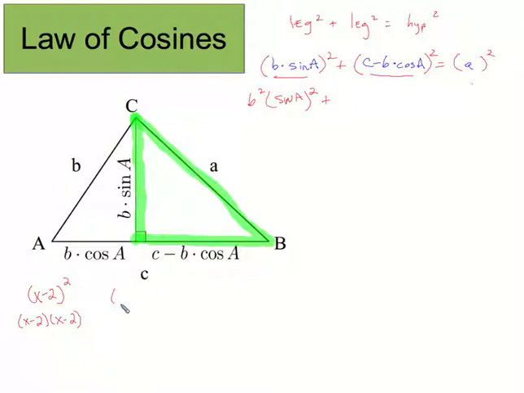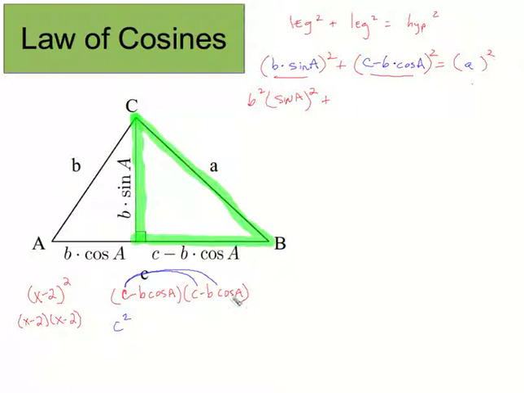Okay. Well, that means we're going to do c minus b cosine of A times c minus b cosine of A. To multiply these using our rules from algebra, we have to multiply each part in the first by each part in the second. So c times c is c squared.